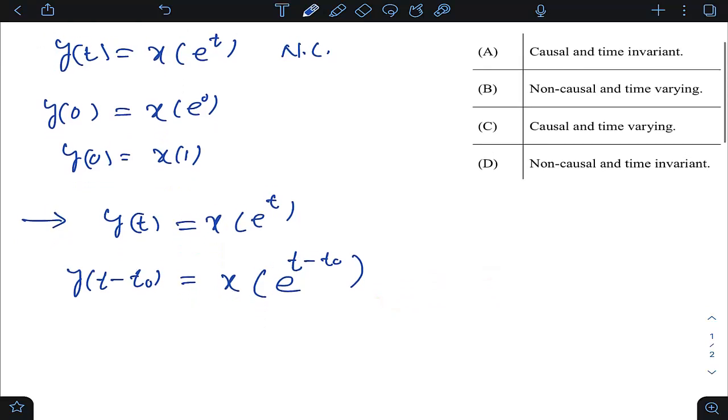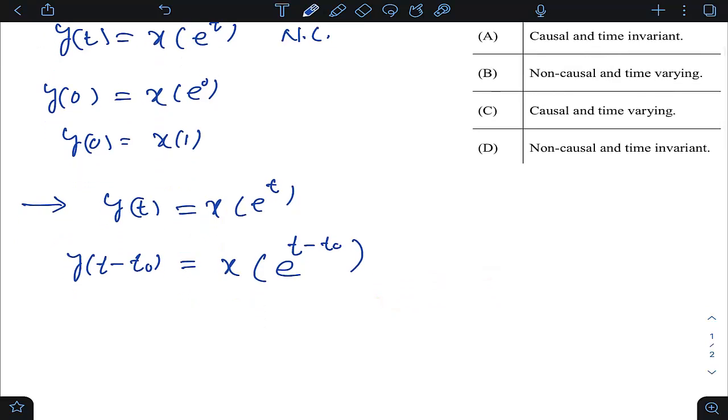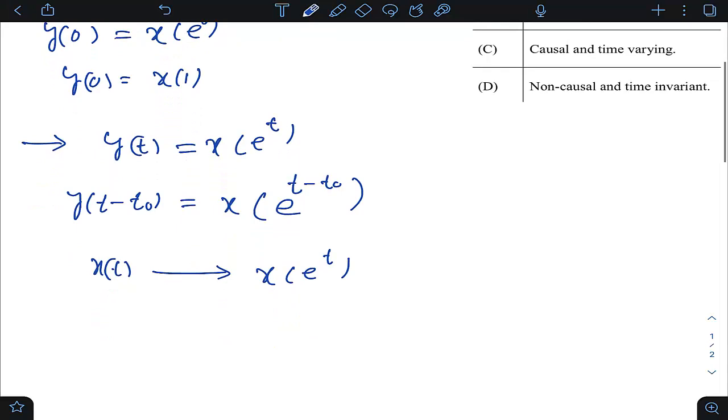Next, what is the output with respect to the delayed version of the input? If x of t is the input, we get the output x of e raised to power t. That means wherever t is there, it is replaced by e raised to power t. But if I give the input as x of t minus t naught, then the output will be x of e raised to power t minus t naught.